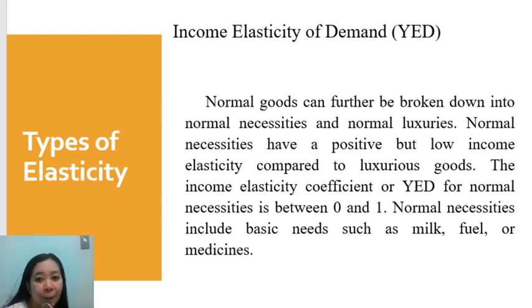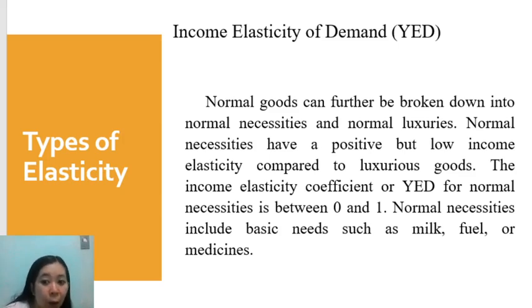So here, the income elasticity coefficient, or YED, for normal necessities is between 0 and 1. Okay, so normal necessities include, what are these products? Some of these examples are milk, fuel, or medicines.